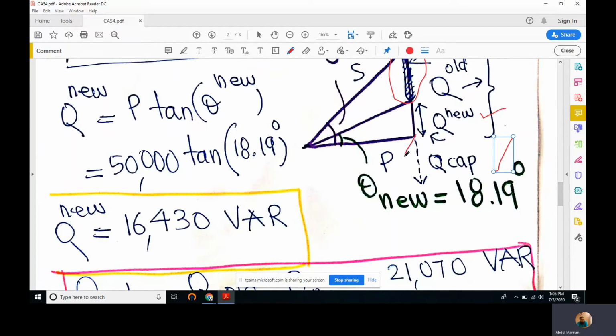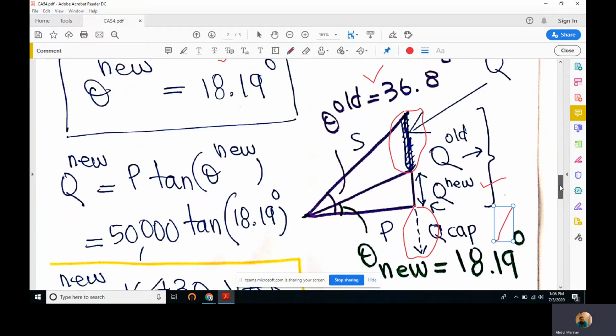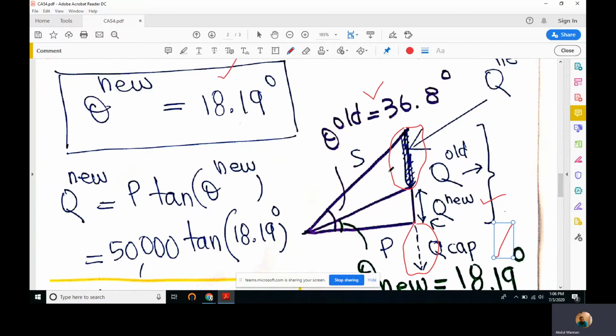So this Q capacitor is negative, so we want to reduce this Q by this much amount. This means we have to add a capacitor that introduces this much Q net.